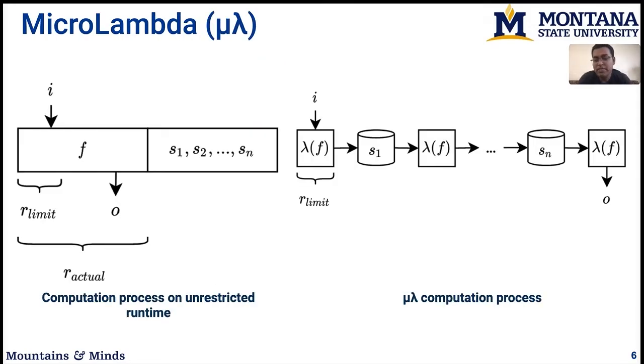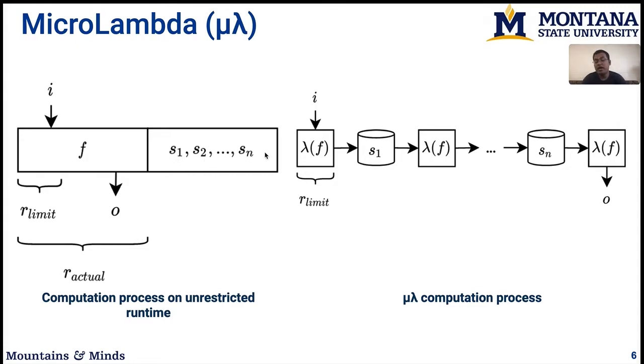That's why we propose the Micro Lambda framework, which handles the scenario we described. For example, this is a process F that takes input I and produces output I, and the total runtime is, for example, R actual. This is a stateful process, and we have n states, for example S1, S2, Sn, and so on.